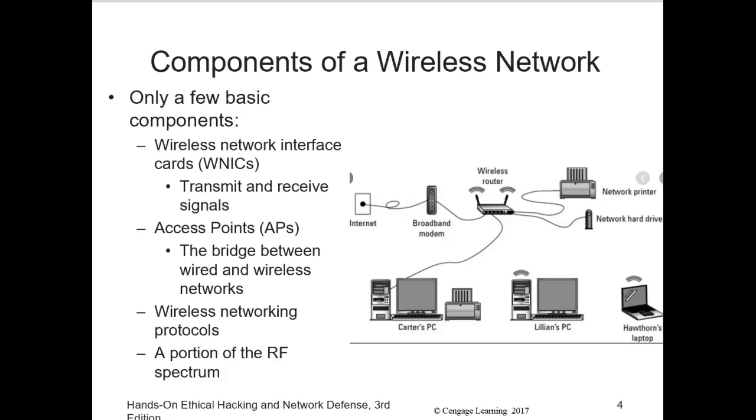Now, a wireless NIC, or WNIC, is going to transmit and receive wireless signals, and access points are the bridge between this wired world, which is a network we've largely been talking about, and this wireless world of networking protocols across this RF spectrum, which replaces the wire components along the way.